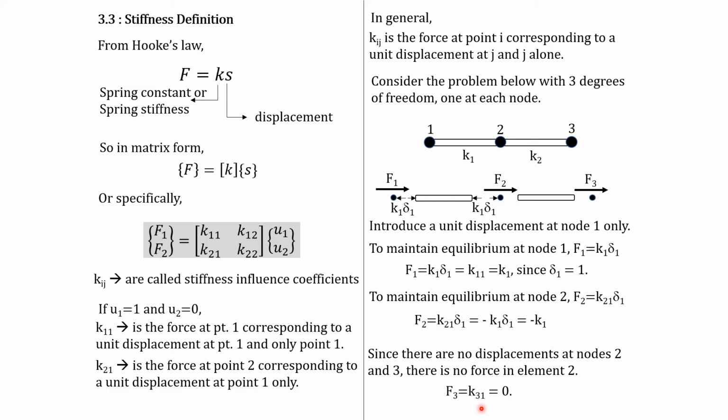K31 is the force at node 3 corresponding to a unit displacement at 1. This is 0 because there is no displacement at 3, only at 1. And so if we draw the free body diagram of member 2, there will be no forces on this element.